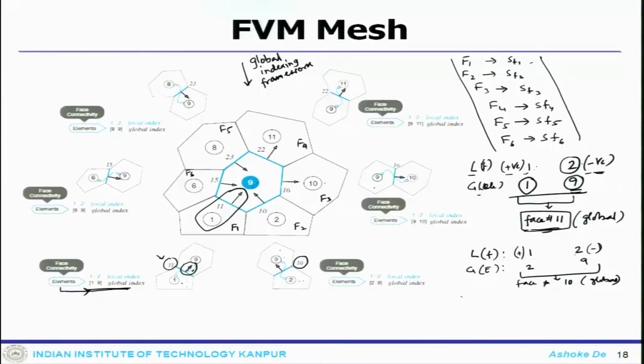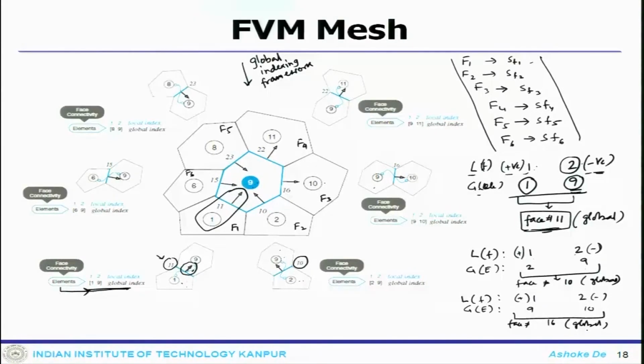Again the local face numbering is 1 and 2, which is negative and positive, the global element numbering is 9 and 10, and the common face for the global is 16. This is the face number, this is global.